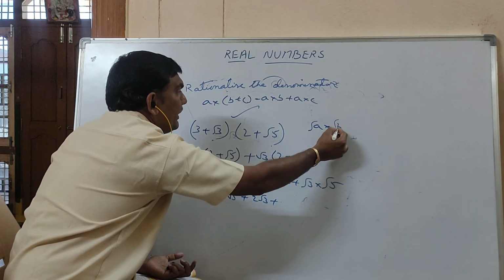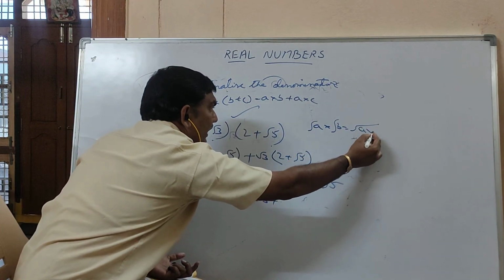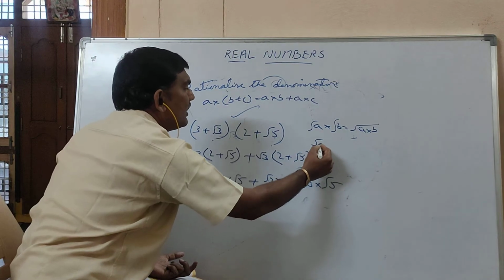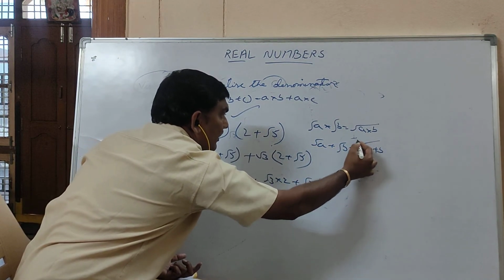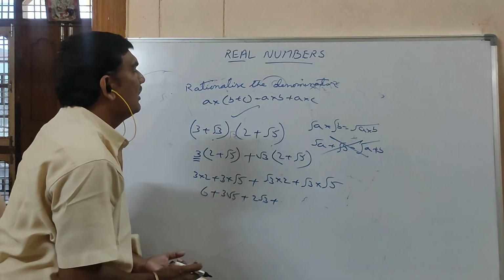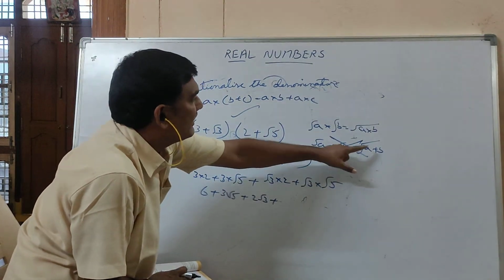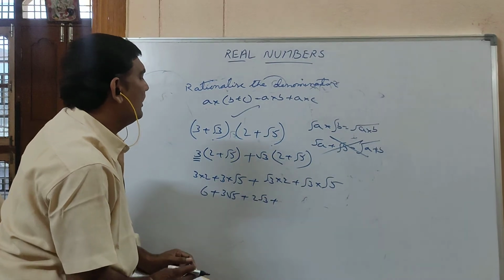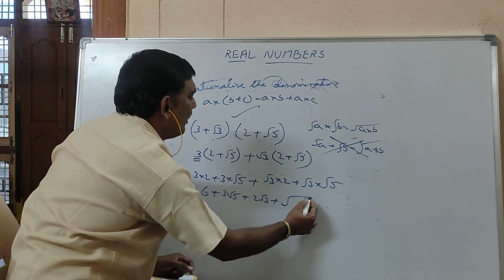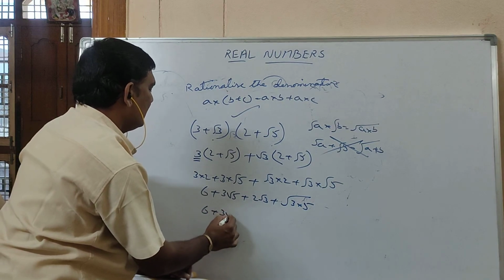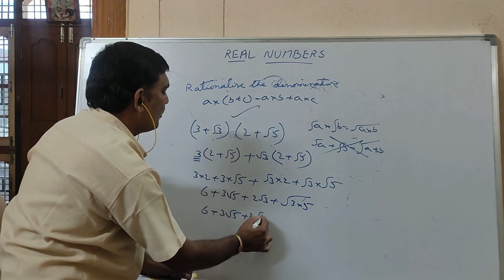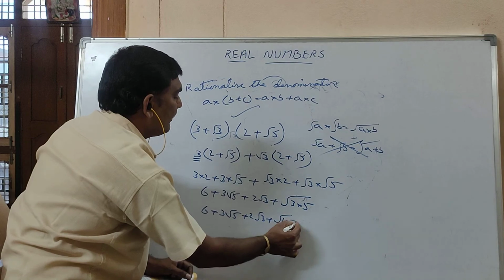Root a into root b becomes root of a into b. But you should not say root a plus root b is root of a plus b. That is the wrong formula. Plus is there, you can't add like this. Into is there, you can do it. Root 3 into root 5 is root of 3 into 5. Now 6, 3 root 5, 2 root 3, root 15.